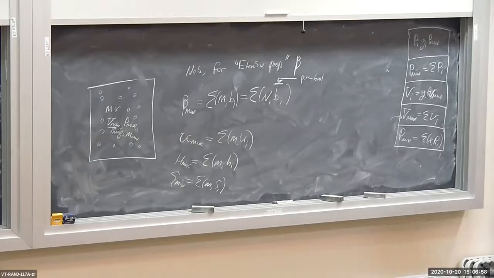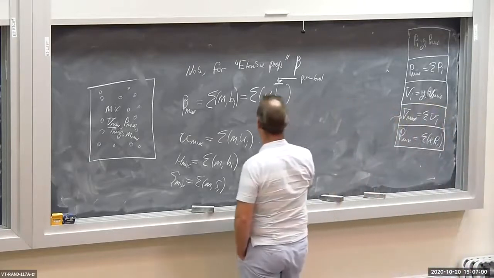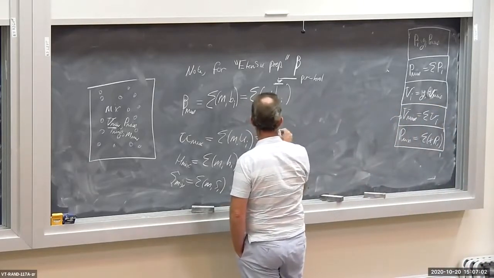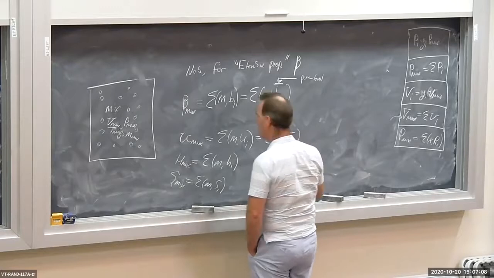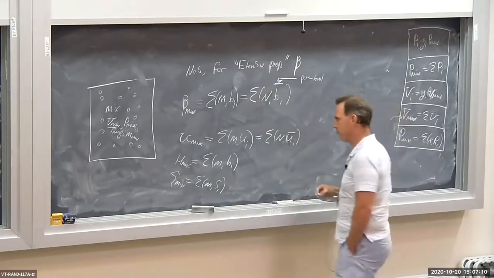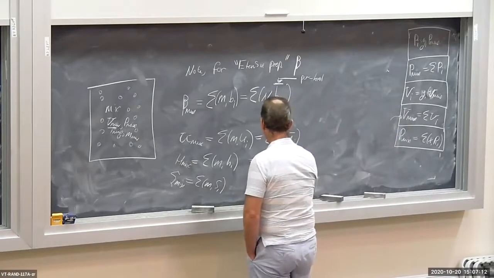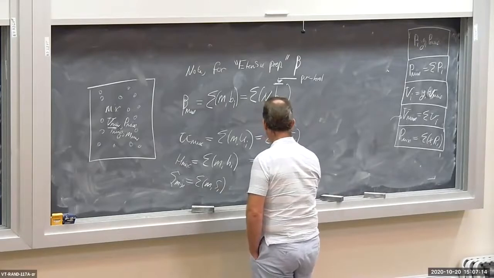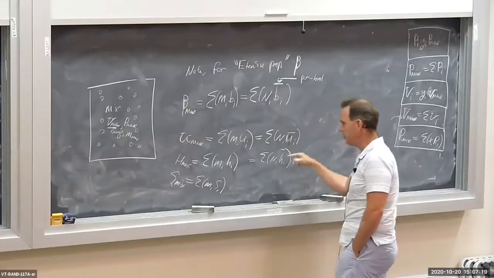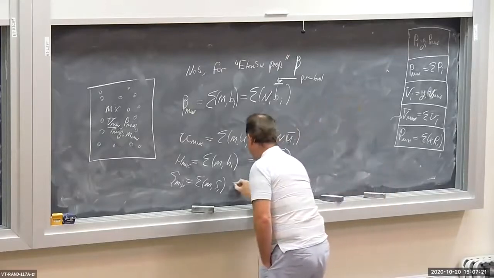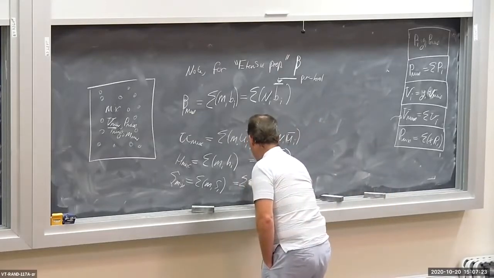Okay? So I can also calculate the internal energy, enthalpy, and entropy of the mixture as the sum of N sub I, U bar sub I, summed over all components, and the sum of N sub I, H bar sub I, summed over all components, and same thing with entropy.